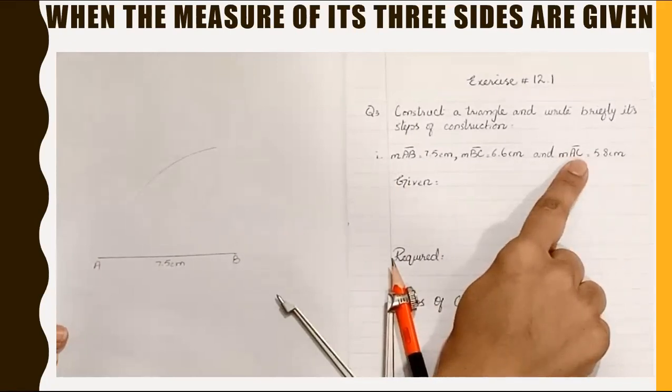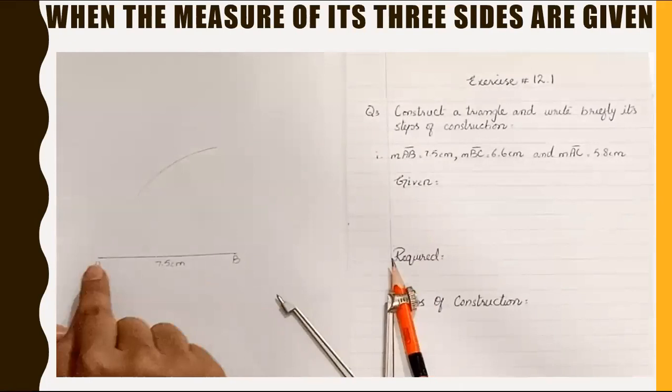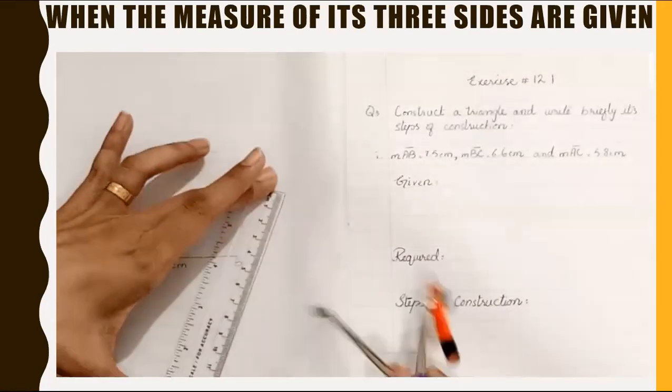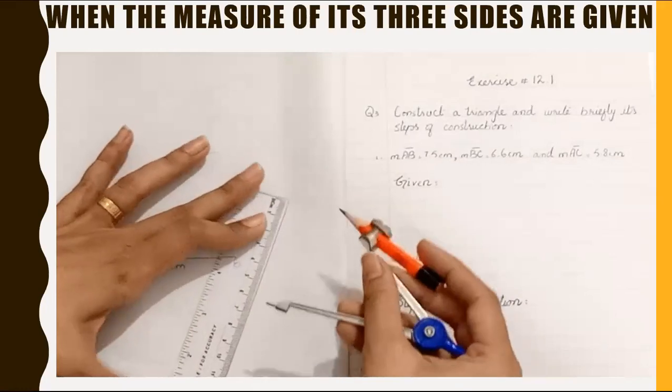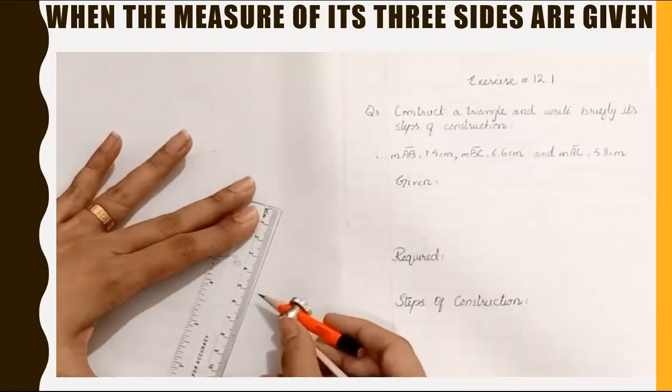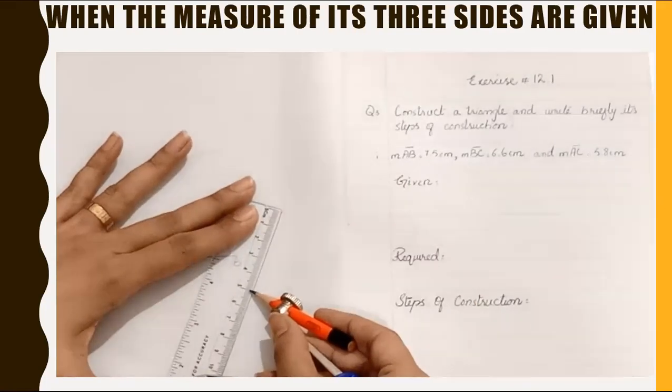Now, the third measurement is measurement AC equals 5.8 centimeter. So where do I have to put my compass? At A. Now let's take the proper measurement by using the scale and compass.